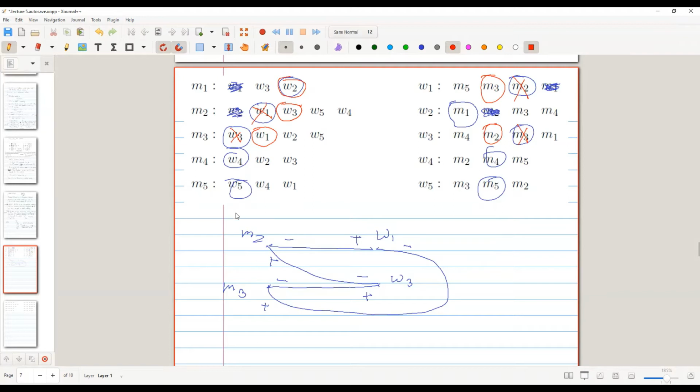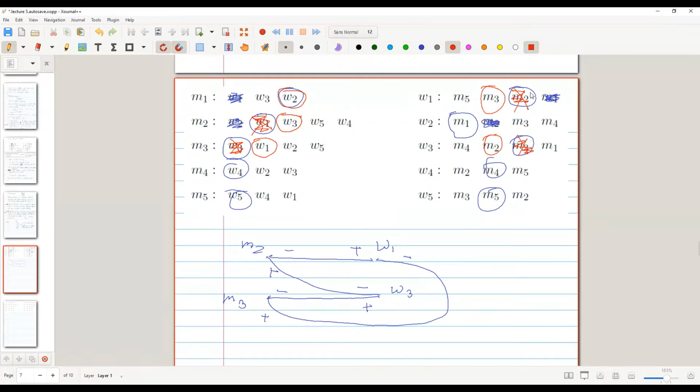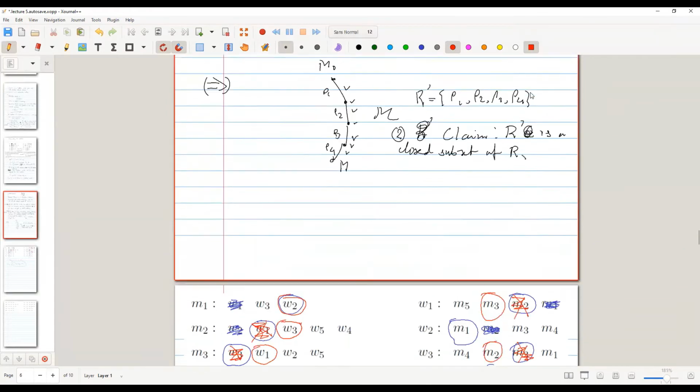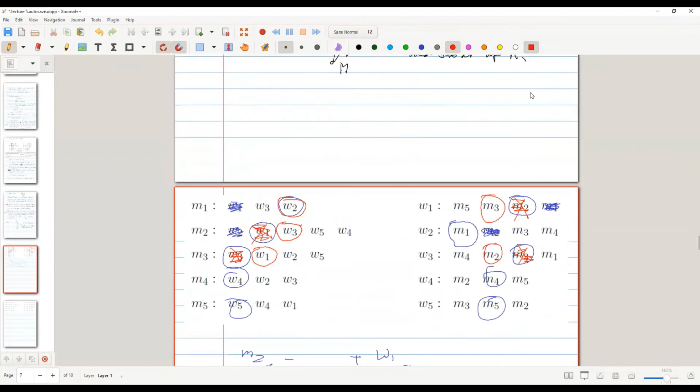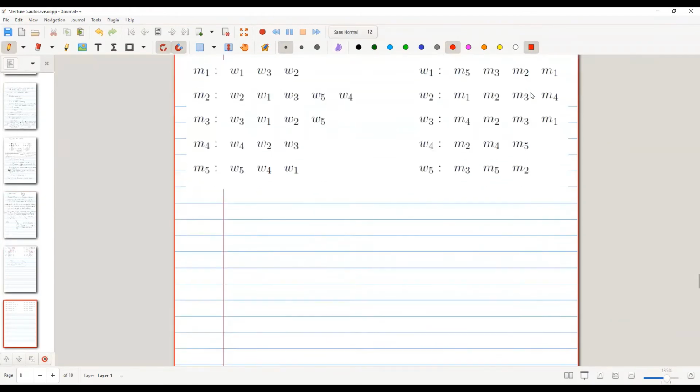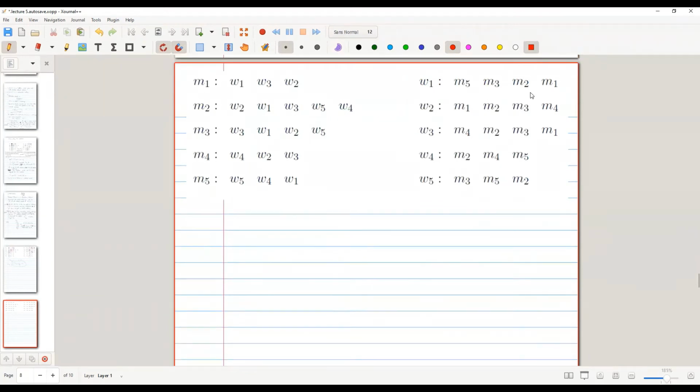Can you repeat one more time why we eliminate? Subham asked why you should eliminate, can you repeat the reason once more? Yeah, because any two rotations cannot share any edge.